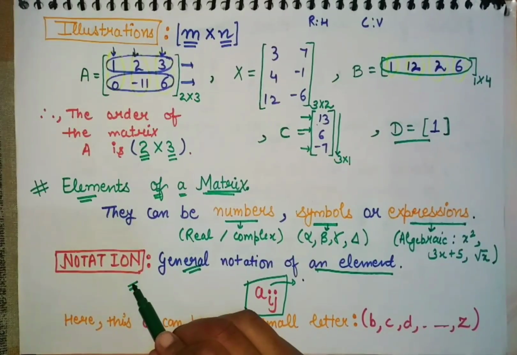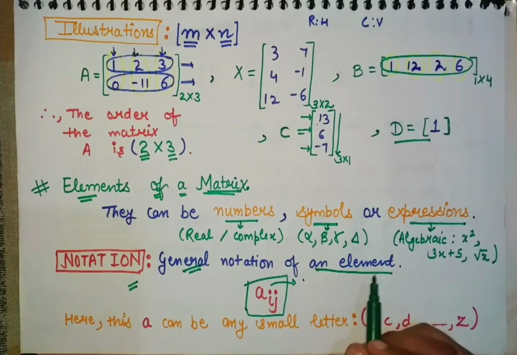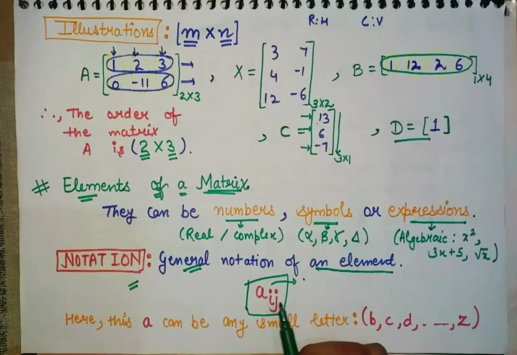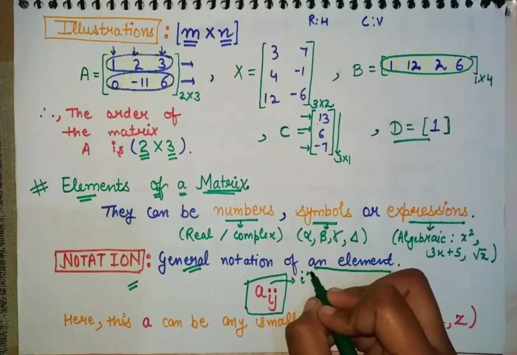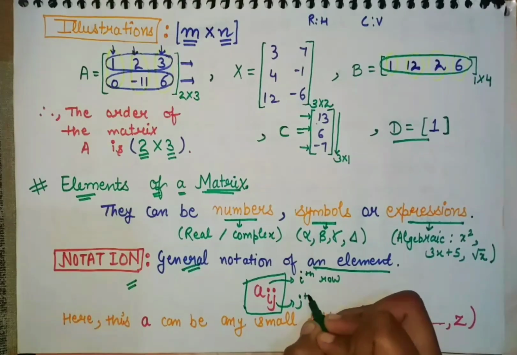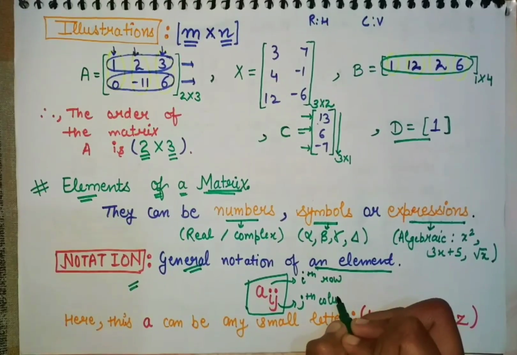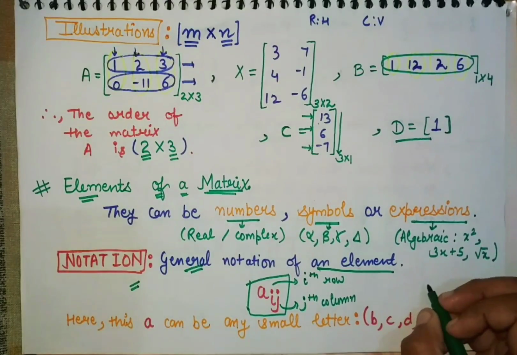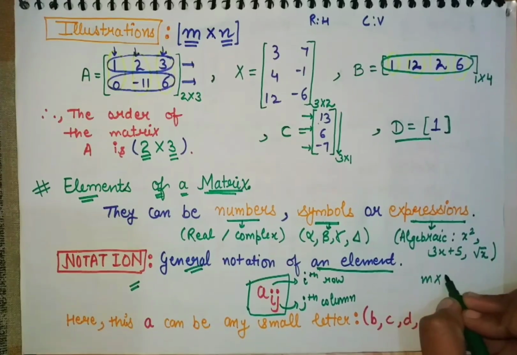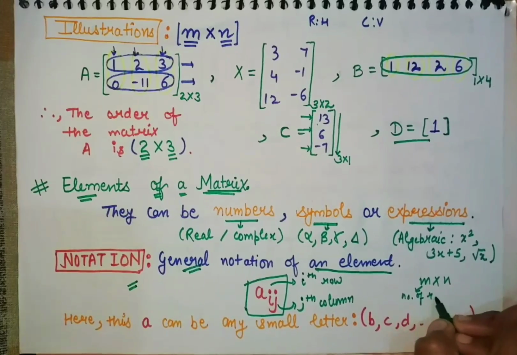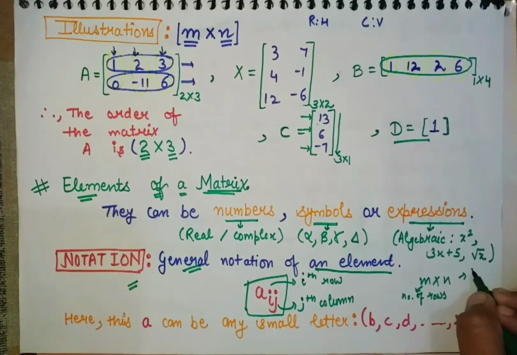So let's talk about the notation of an element of a matrix. An element is generally denoted as Aij, where i means the ith row and j means the jth column. Just remember the order of the matrix, m cross n, where m represents the number of rows and n represents the number of columns.